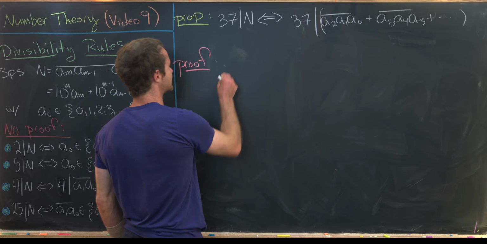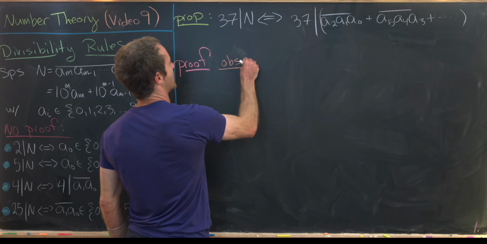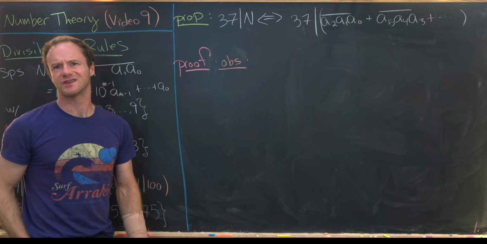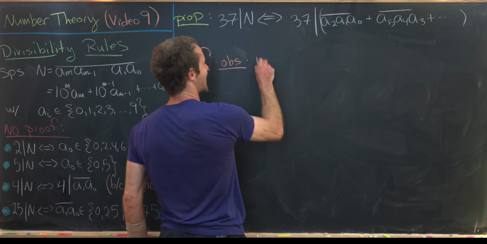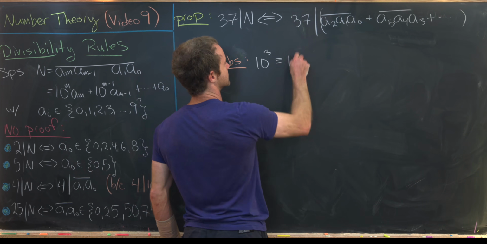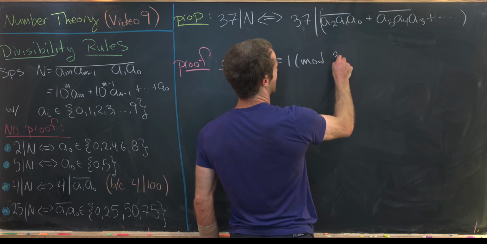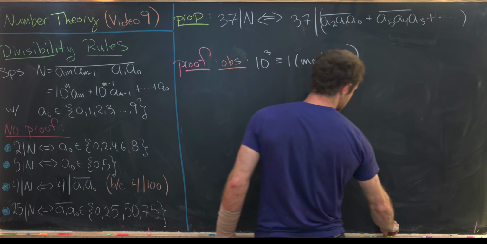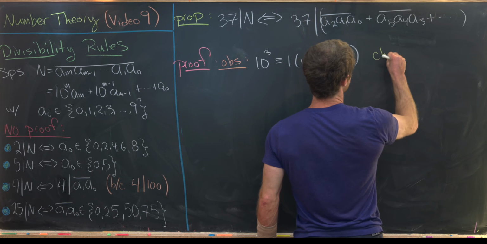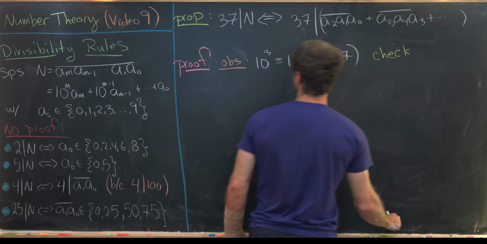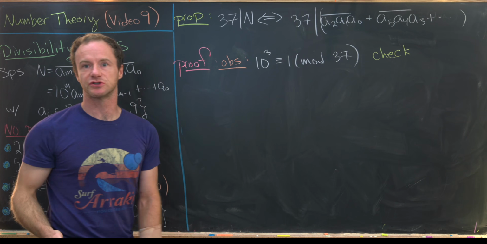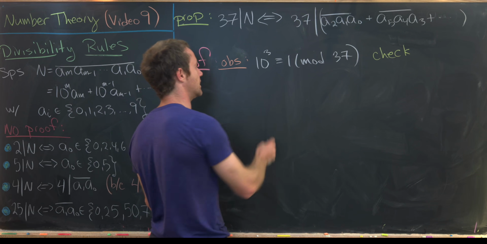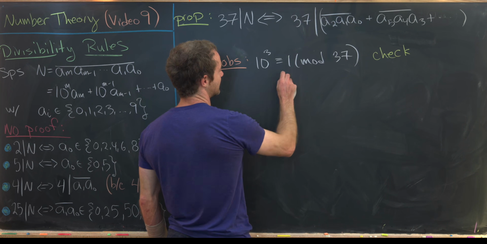Maybe it'll be useful to start off with the following observation, which again will help us with this proof. And that is that 10 cubed is congruent to 1 mod 37. So maybe this would be useful to check. But all you have to do is check, well, 10 cubed is equal to 1,000 minus 1 is 999.